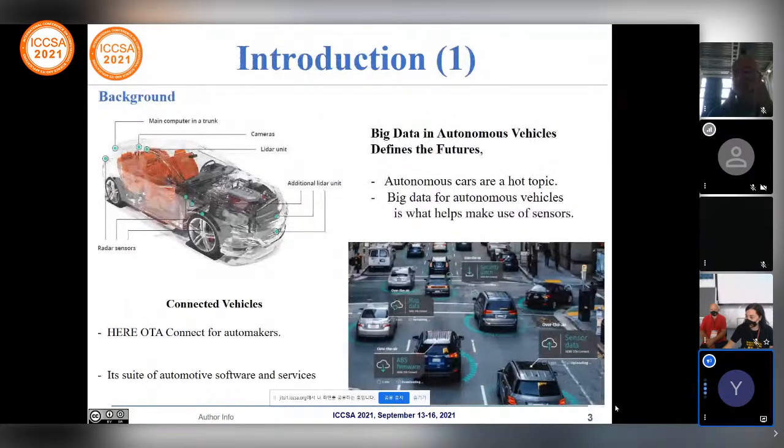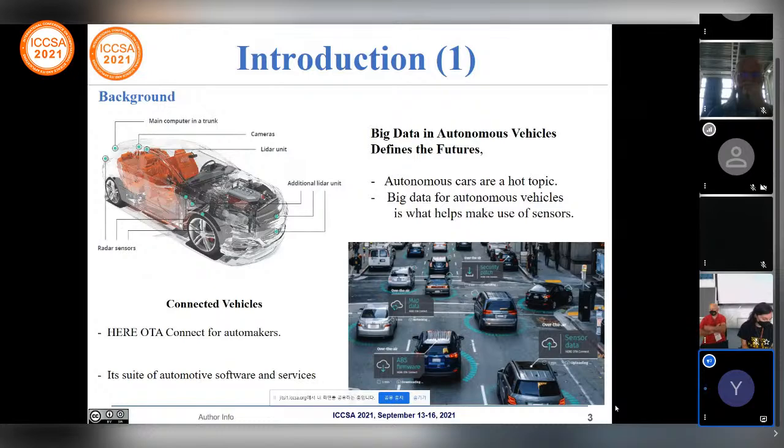For the background of the study, autonomous vehicles are currently a hot topic. The technology that provides access to high-level autonomy is very critical for future automotive deployment. With the evolution of the IoT, the car can see, the car can hear, the car can even predict the future.